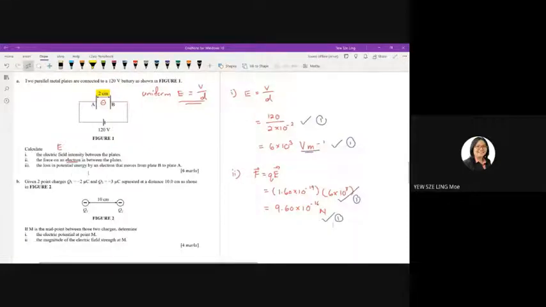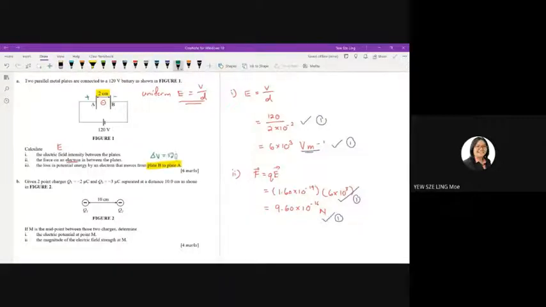The loss in potential energy by an electron that moves from plate B to plate A. If you look at this diagram, plate B is obviously the negative plate and plate A is the positive plate. So if your electron is moving from B to A, it's moving from a lower potential to a higher potential plate, which means your delta V should be a positive value.